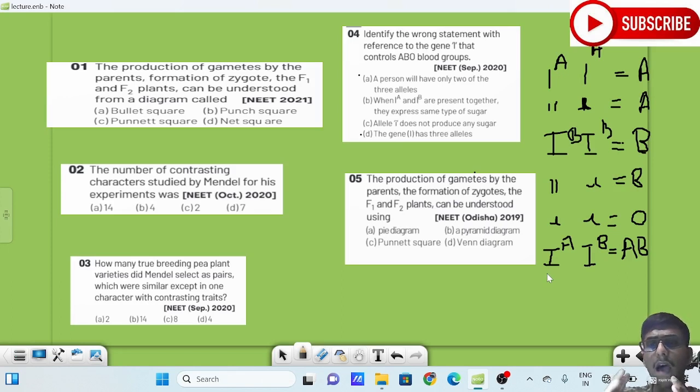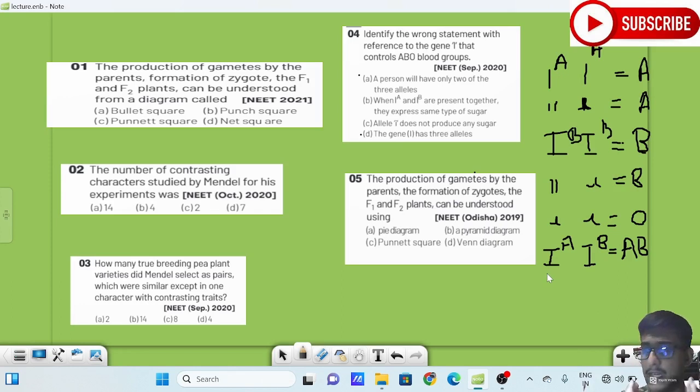So how does the dominant allele or the recessive allele lead to this change in the RBC? RBC is the red blood cells. So how does the expression of this allele change the RBC, or change the blood group in a particular organism?